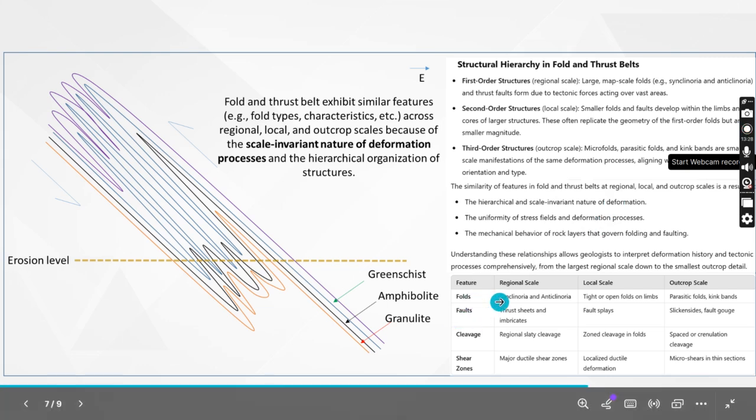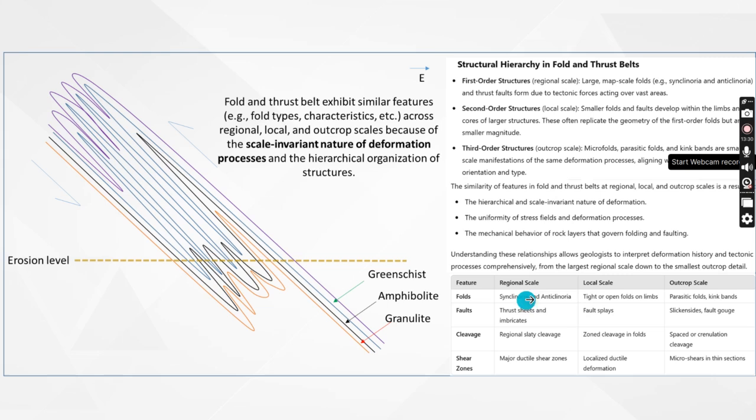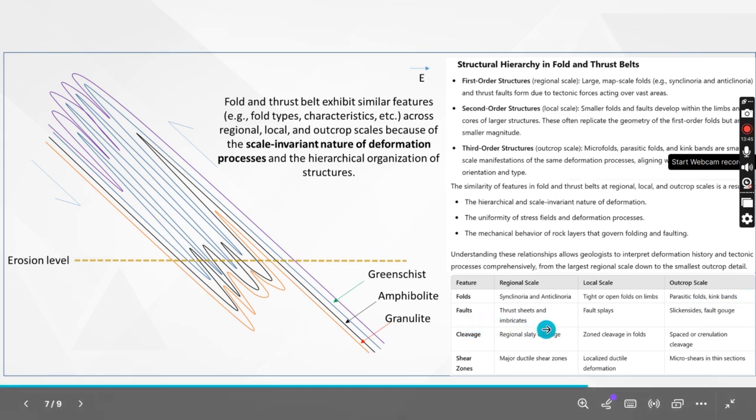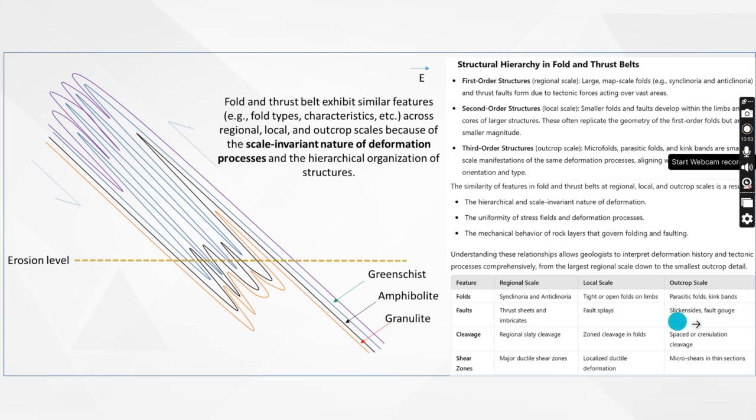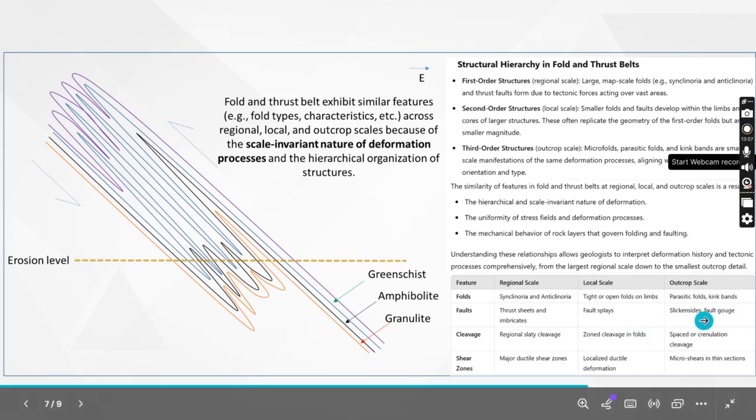See, folds can form synclinoria and anticlinoria. The same thing will be replicated in the form of tight to open isoclinal folds on limbs. And further, if we look in detail, parasitic folds and kink bands will be observed. Folds also will be thrust sheets and imbricates nearby. The same thing in local scale will be like splays. Further in detail, if you see an outcrop, slickensides and fault gouge will be observed.